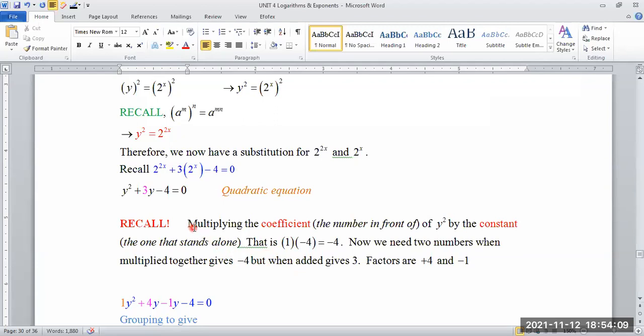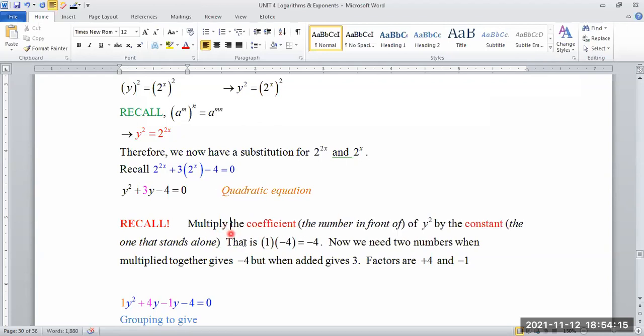So multiply the coefficient, which means the number in front of y, by the constant, and the constant is the one that stands alone. In this case, it's going to be -4.